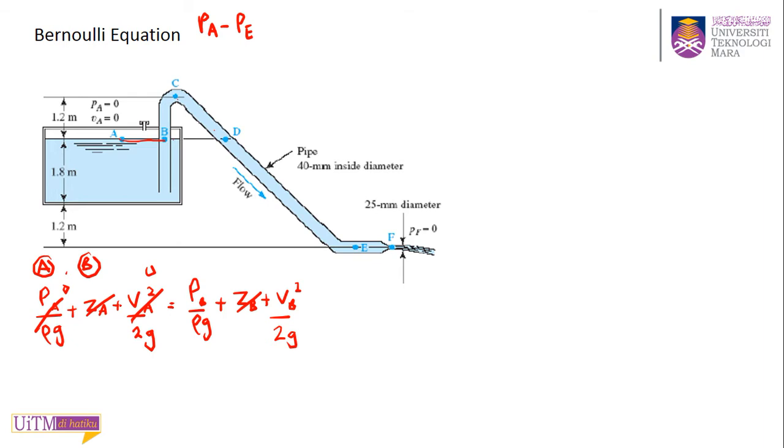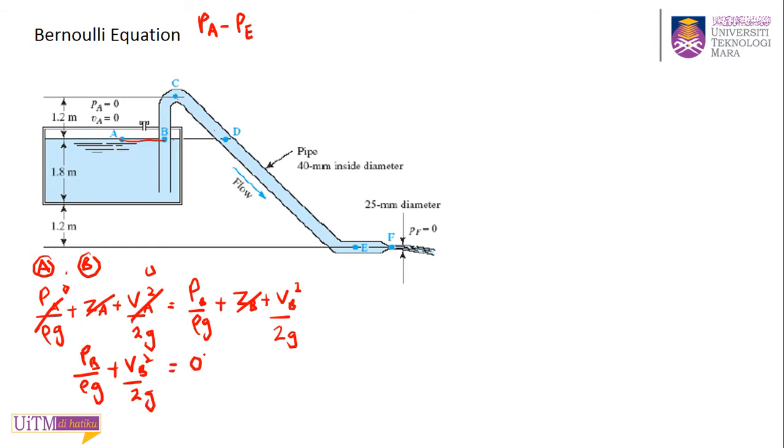It will leave only PB and VB, so PB over rho G plus VB squared over 2G equals 0.